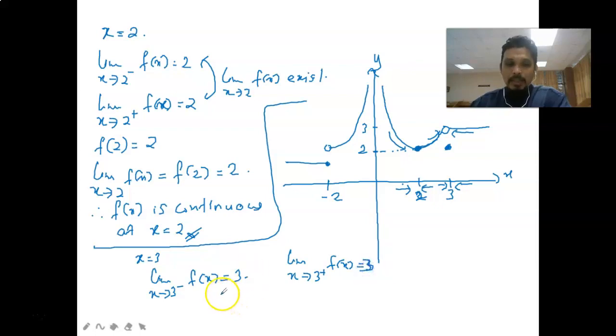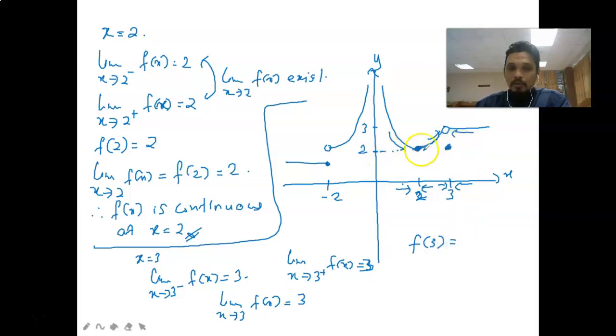So we say that the limit as x approaches 3 of the function f(x) equals 3, and it exists. But when x is exactly equal to 3, f(3) has the value of y equal to 2, not 3.